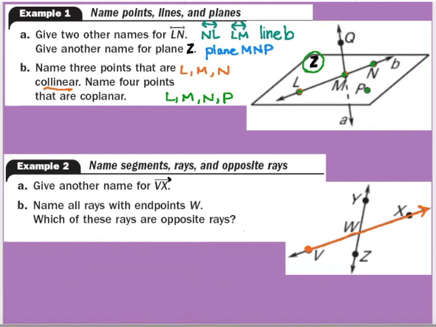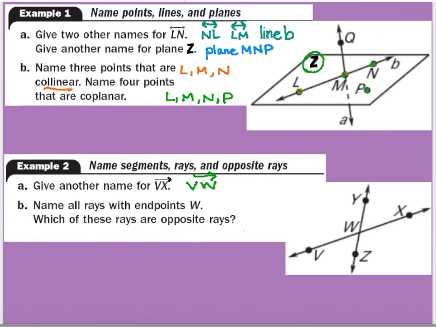So the only other way I can think of would be to say, well, still start at V, but instead of go towards X, go towards W. I know there's no point drawn there, but remember that we know anytime 2 lines cross, there must be a point there. So if we went from V towards point W, that would be the same ray as V toward X. And so that would be another name for ray VX. I hope that made sense.